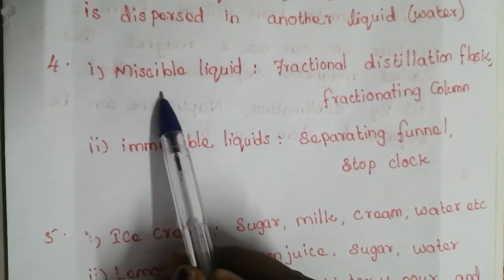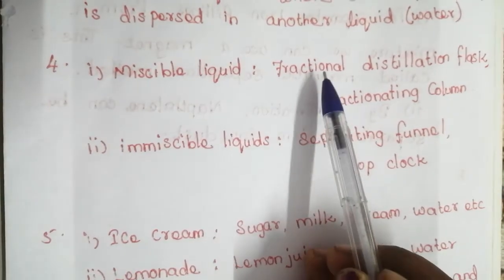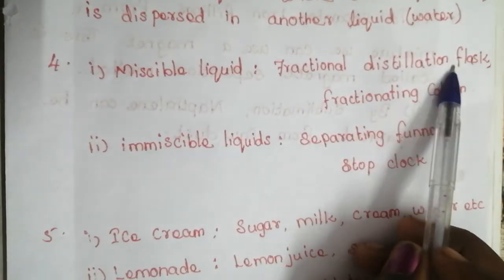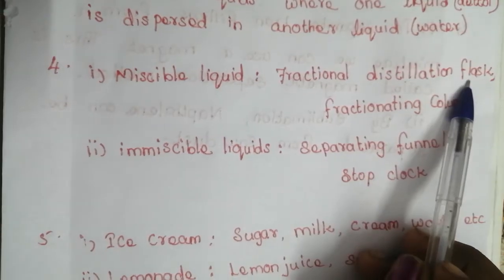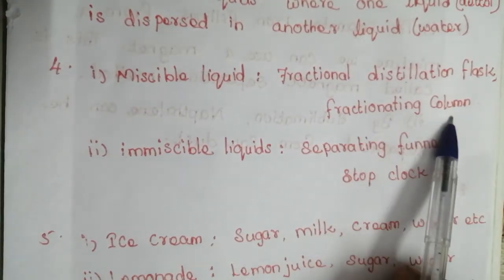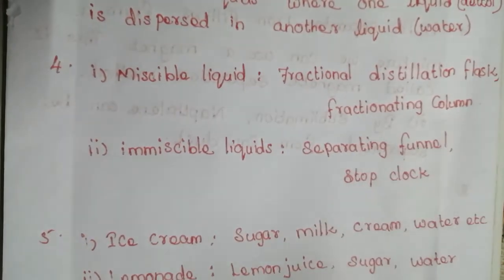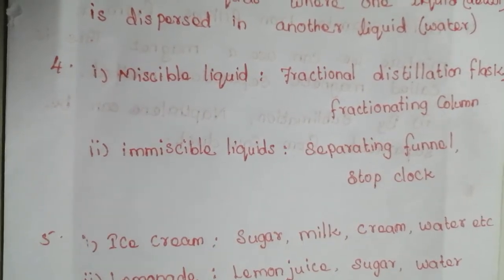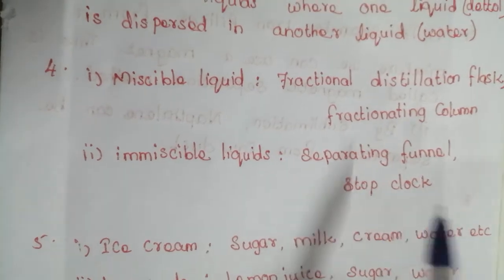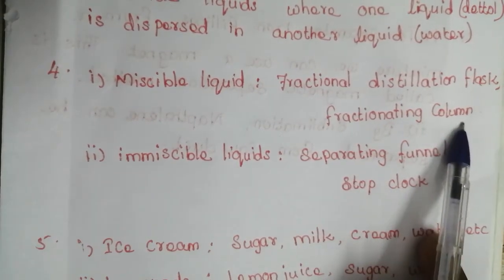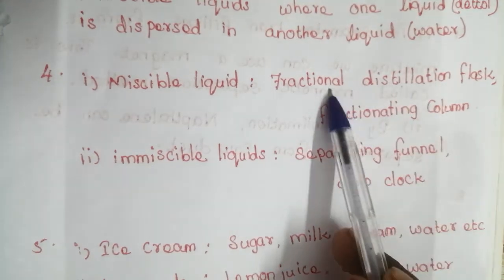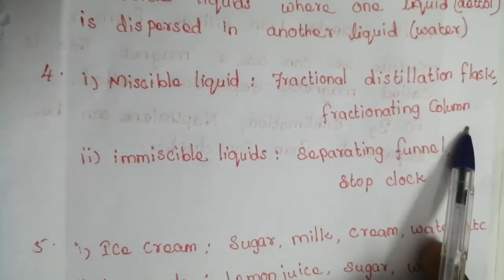For miscible liquids, what are the apparatus we used? Fractional distillation flask, that distillation flask, and fractionating column, that is the tube. So only 2 apparatus, that is fractional distillation flask and fractionating column.